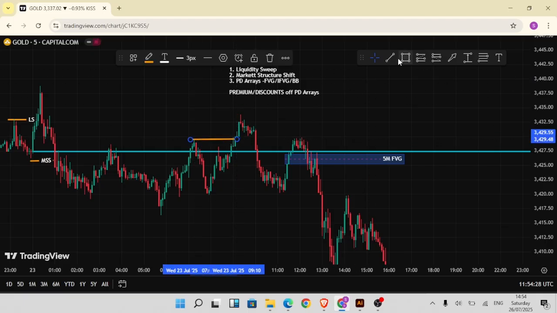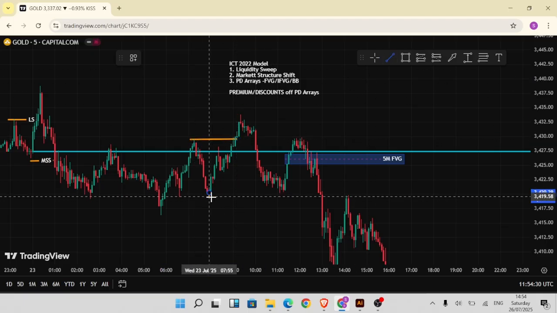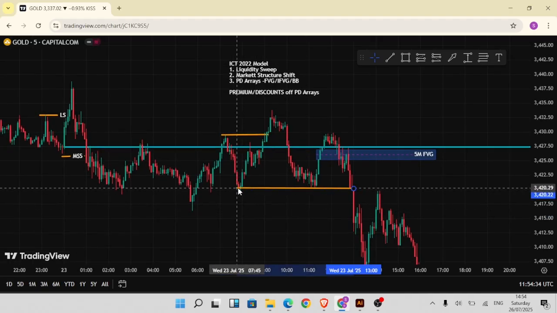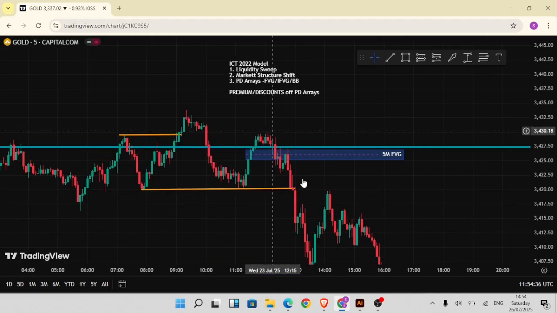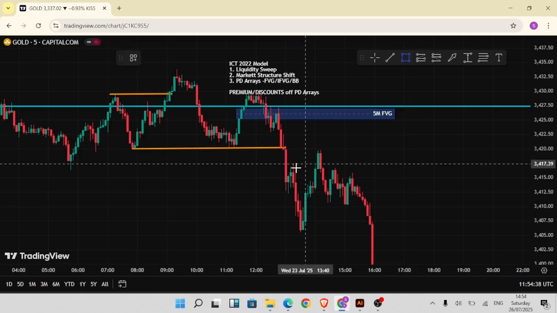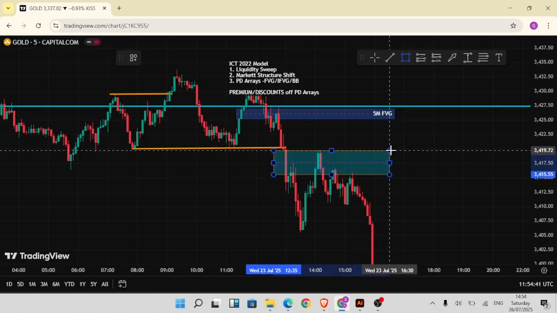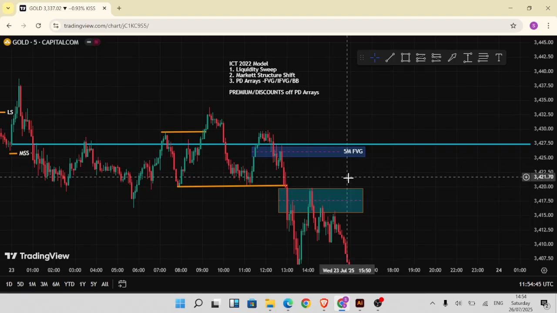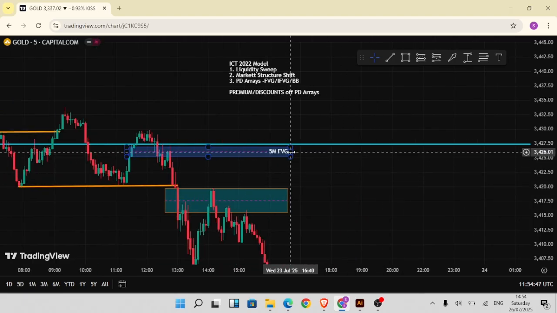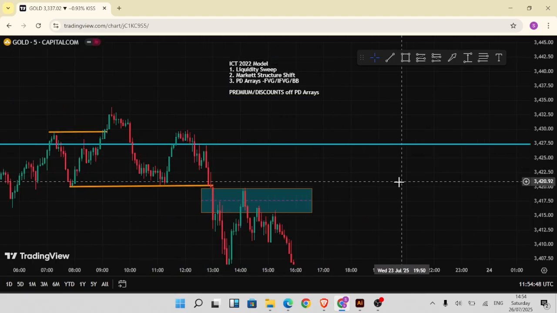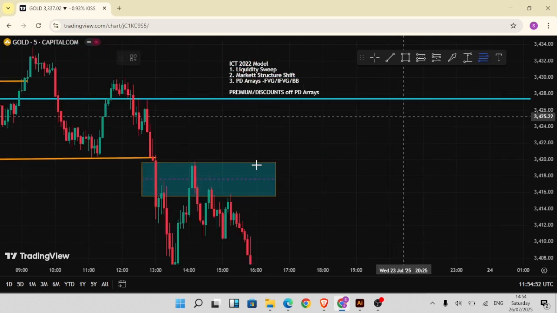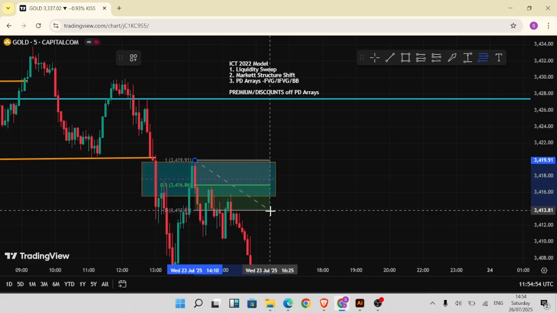Liquidity sweep, market structure shift, right there. Then we form another fair value gap, right? And this fair value gap, we have an engulfing of it.